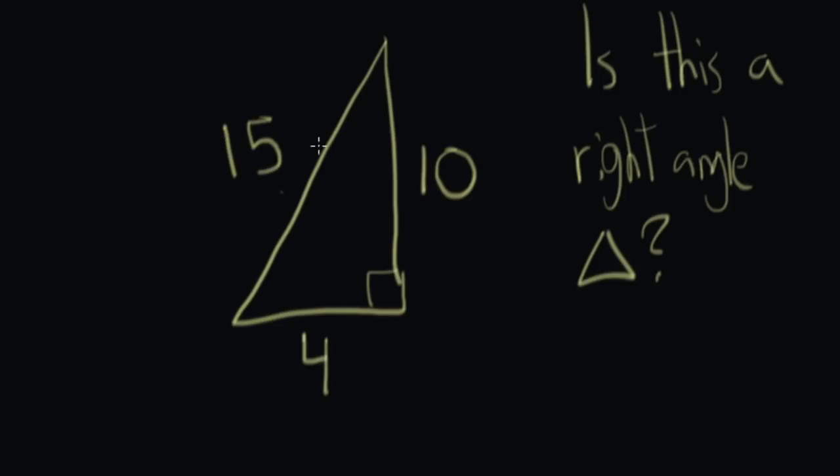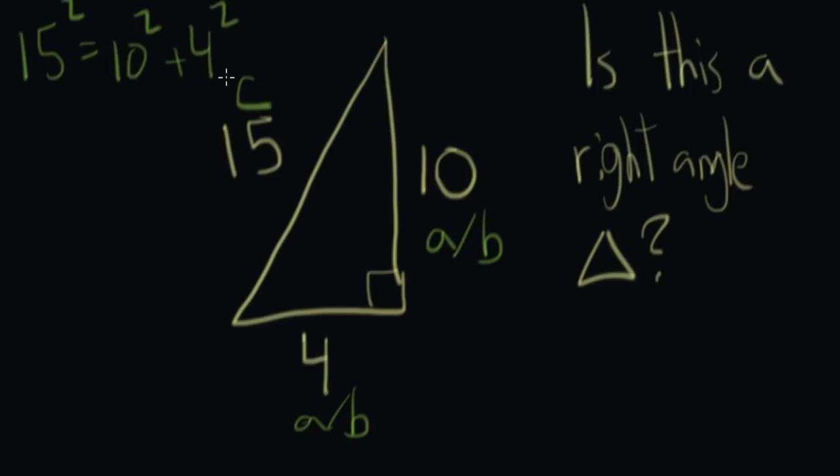So is this true, basically is what they're asking. Well, let's do some math. Remember, this is C, and these two sides, it doesn't matter, can be A or B. It's up to you. So is 15 squared equal to 10 squared plus 4 squared? That's what we're really asking.